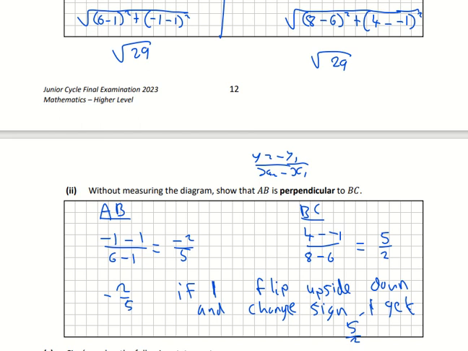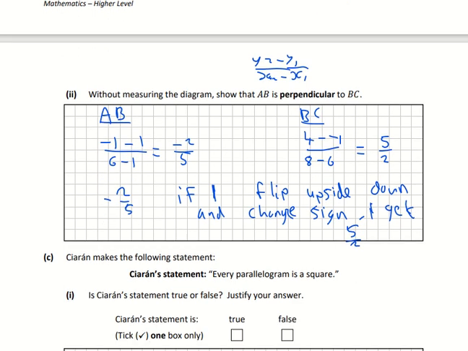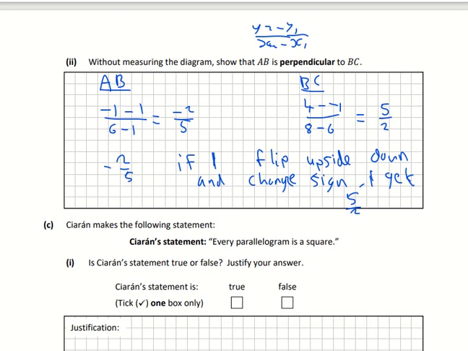And that has to be the case. If lines are perpendicular to each other, that has to work. You have to be able to just flip it upside down, change the sign, and then that's it. So that's the relationship between the slopes of perpendicular lines: you flip it upside down and change the sign.